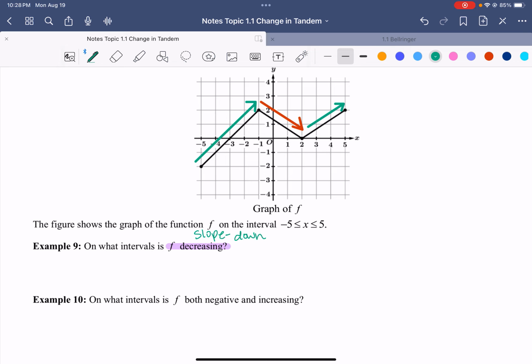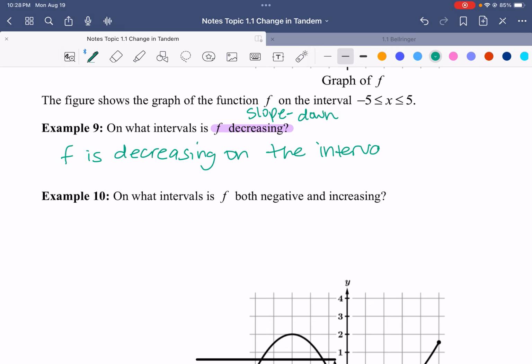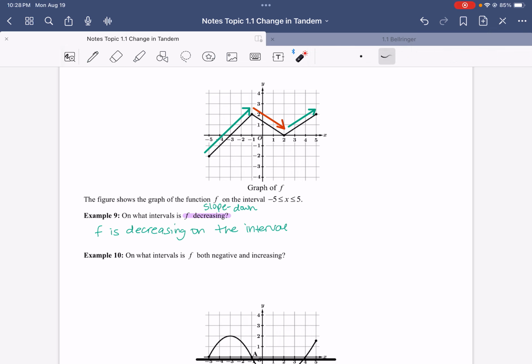When you write your answers, remember that you're just repeating the question. So on what intervals is f decreasing? We're going to say f is decreasing on the interval. So remember, it's x values only. I'll write it again.